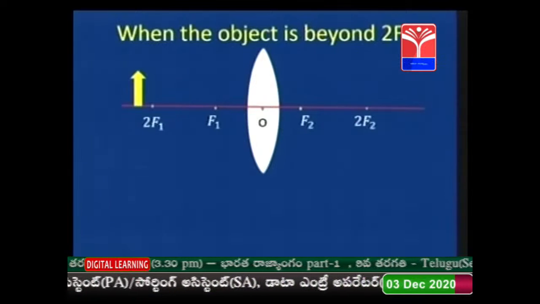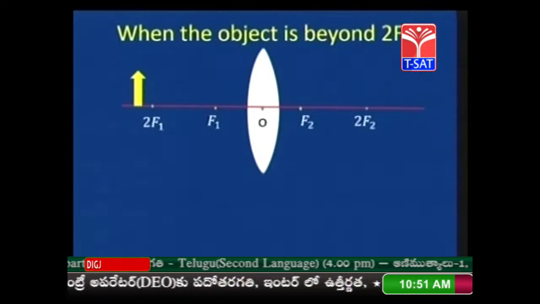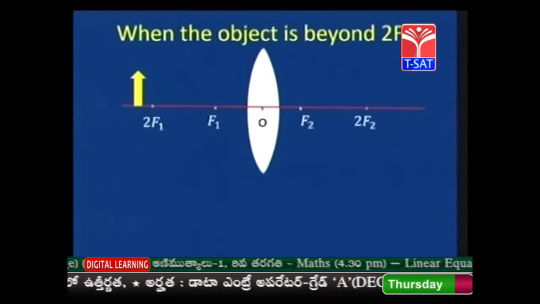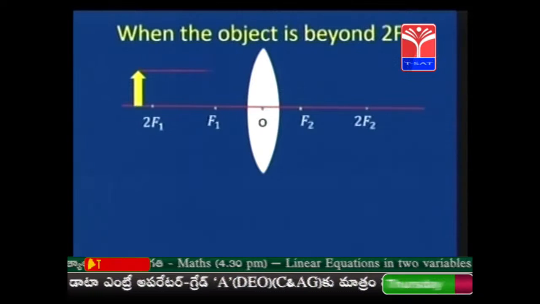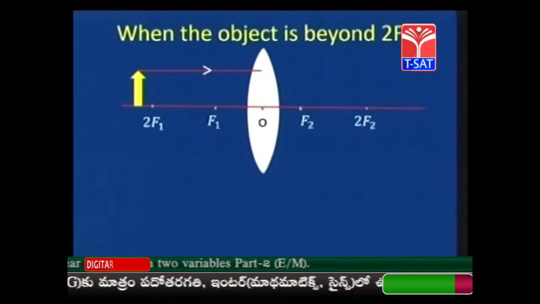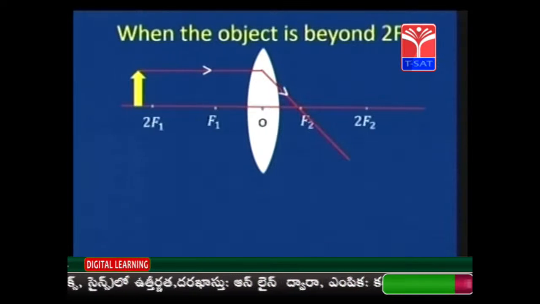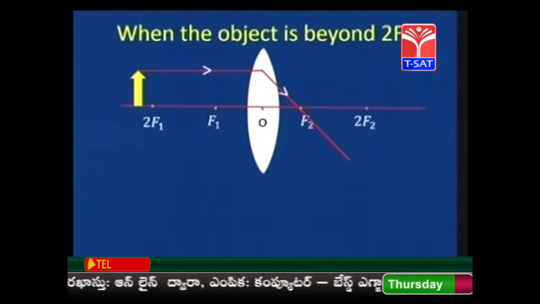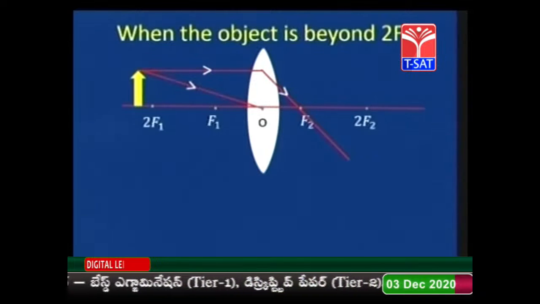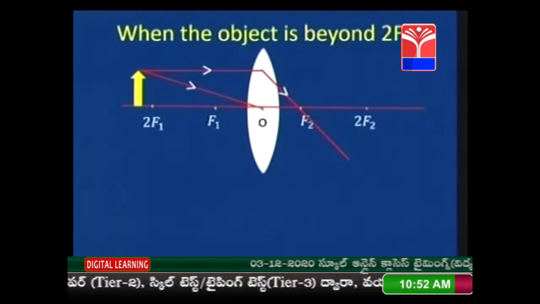A minimum of 2 light rays are required to get an image. We already discussed the rules. Let us draw one light ray which is parallel to the principal axis. According to rule 1, after refraction it has to pass through the focus. Draw another light ray, the second ray, which is passing through the optic center. Is it going to deviate? No. In which path is it going to move?